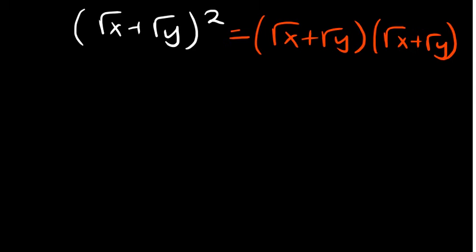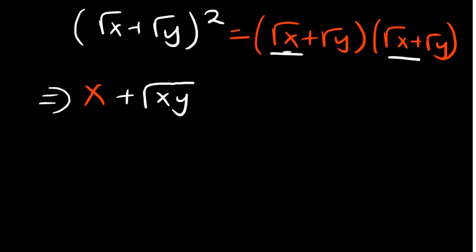Root of x multiplied by the root of x is going to be equivalent to x. Root of x by the root of y is going to be the root of xy. Then the root of y by the root of x is still going to be the root of xy. Then the root of y by the root of y is going to be a y.